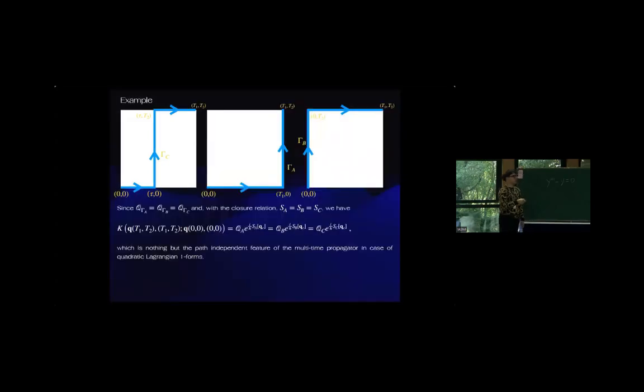So it means that with these different types of paths on the space of time, you have the same Q function or fluctuation here, and also the same action. It means that your propagator possesses the path independent feature. Okay, and that's it.